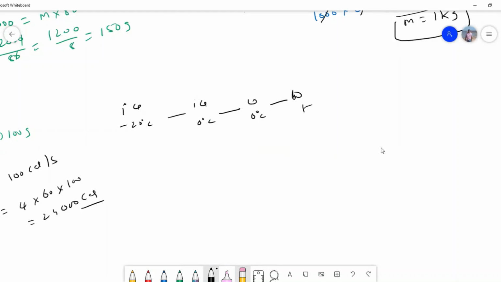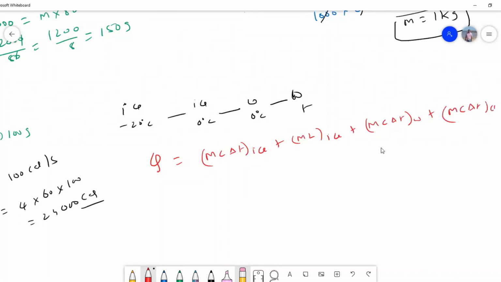Therefore the total energy is equal to mc delta T of ice plus change of state, mL of ice, plus mc delta T of water plus mc delta T of calorimeter.